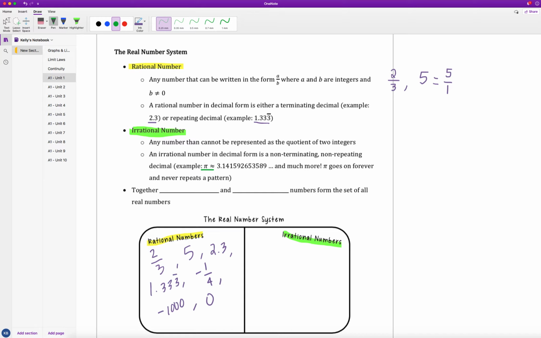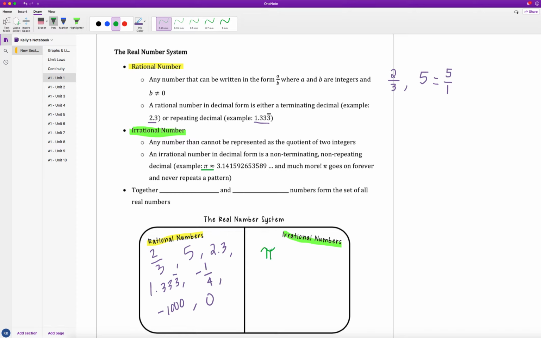If you were to type it into your calculator, it actually can't tell you all of the decimals of pi unless you've got it set to giving you an infinite amount of numbers. So pi is approximately 3.14, but it does continue. It doesn't just stop after 3.14. It doesn't terminate, so this is non-terminating, and it's also non-repeating. So there is no pattern to the decimal expansion of pi, which is what makes it an irrational number.